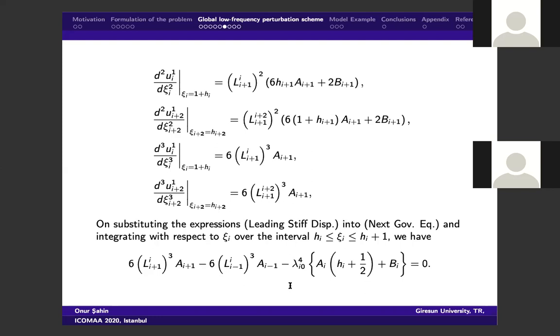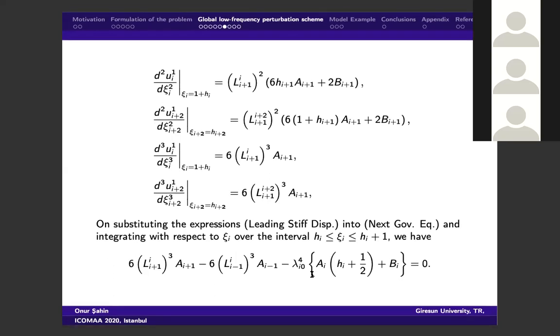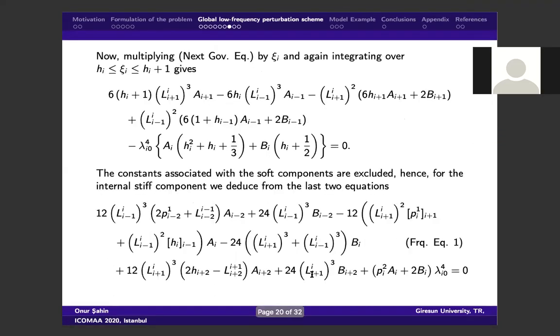If we take the integral of this governing equation, we have an equation for lambda I, and then multiplying the governing equation by Xi I and integrating again over the same interval, we have another equation.